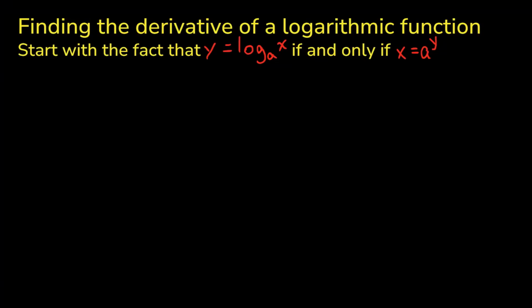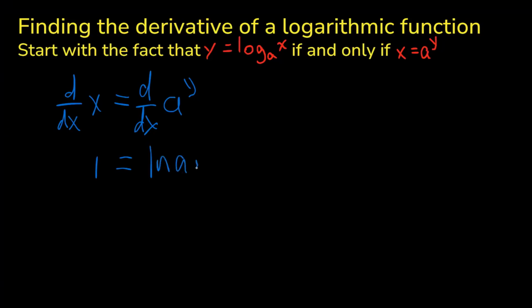So we're going to take the derivative of x equals a to the y with respect to x. The left side's pretty simple. It's just 1. The right side is an exponential function, and we know the derivative of that is going to be natural log a times a to the y, and then we have to use implicit differentiation times dy dx.